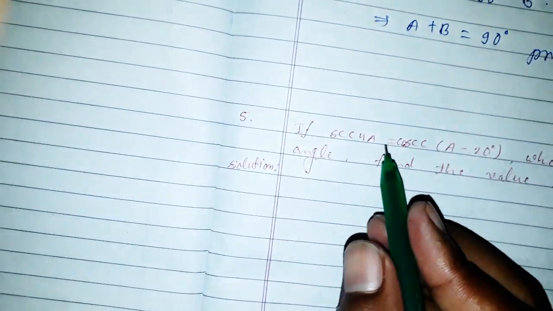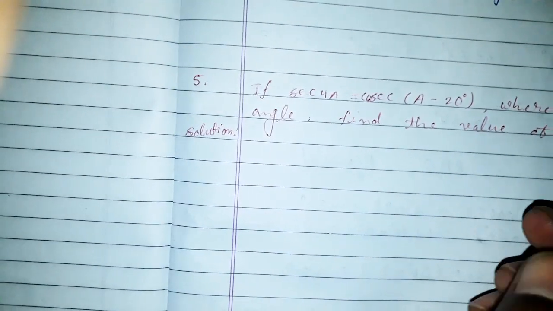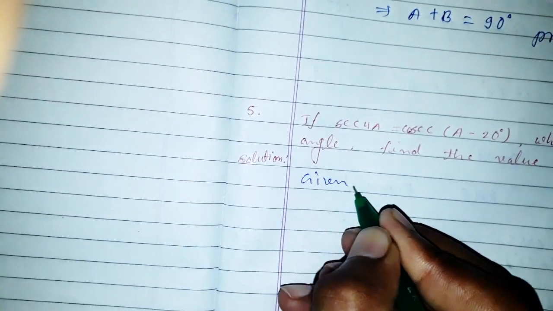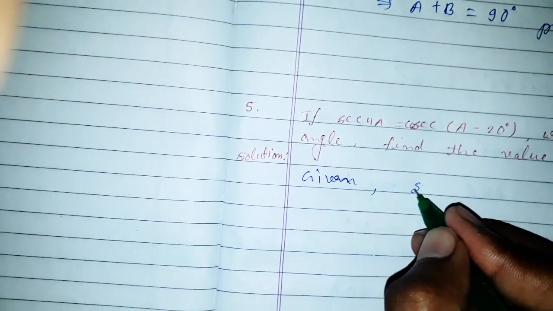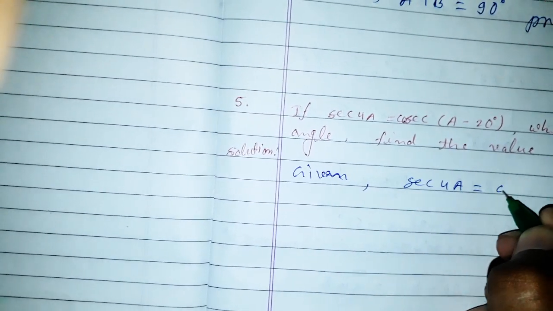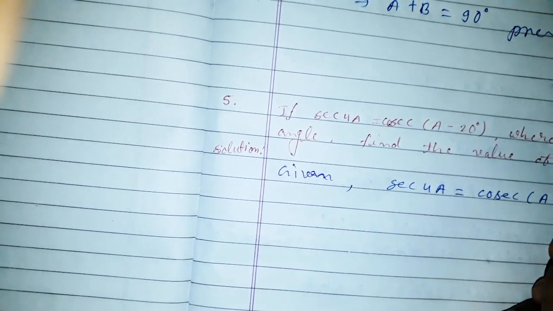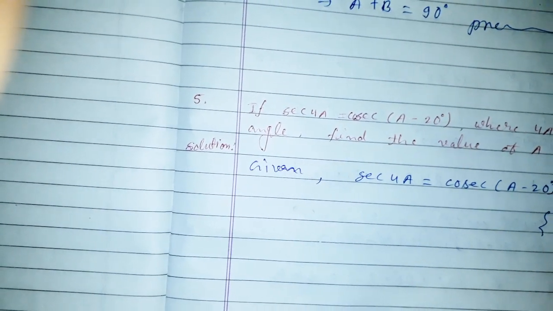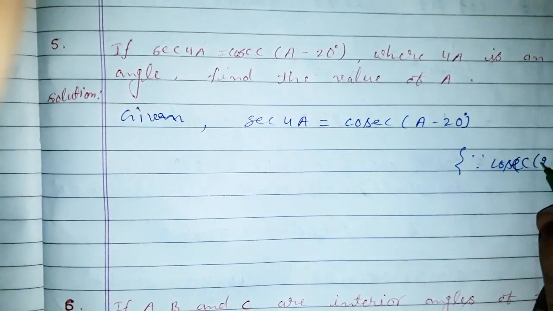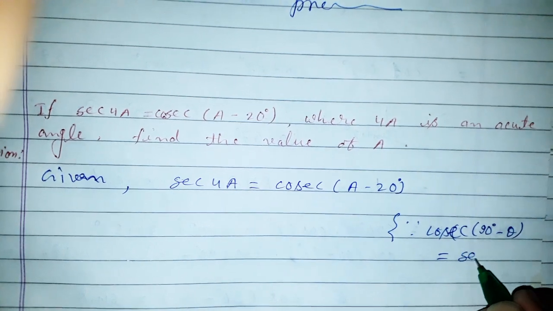Next question: if sec 4A is equal to cosec A minus 20, where 4A is an acute angle, find the value of A. Given sec 4A is equal to cosec A minus 20. Now cosec 90 minus theta is equal to sec theta.